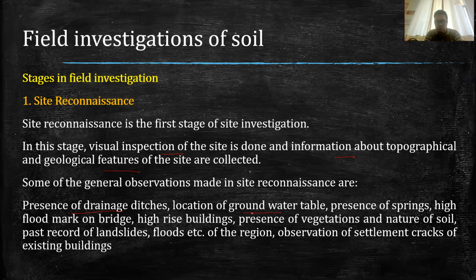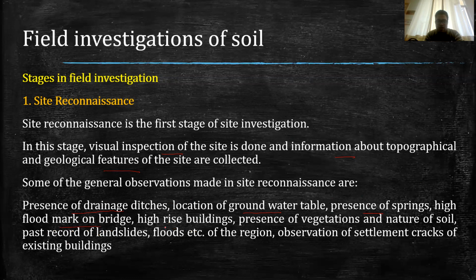If we are able to find out that groundwater is available on the ground, then we can easily visually identify that the groundwater table is on the ground or near the ground. Similarly, if there is any presence of spring, that is also mentioned in the report. And if there is any bridge or any water body nearby, then we also try to find out what is the high flood mark on the bridge.